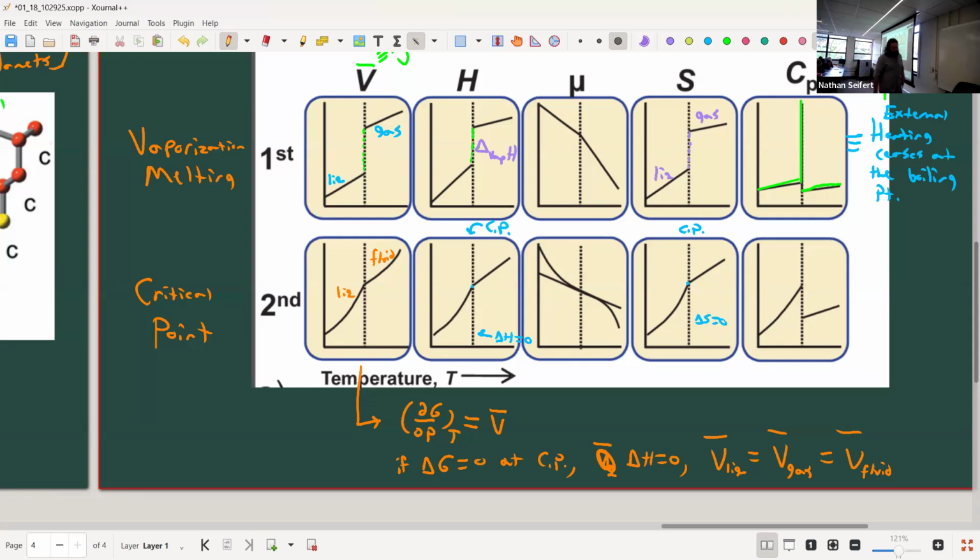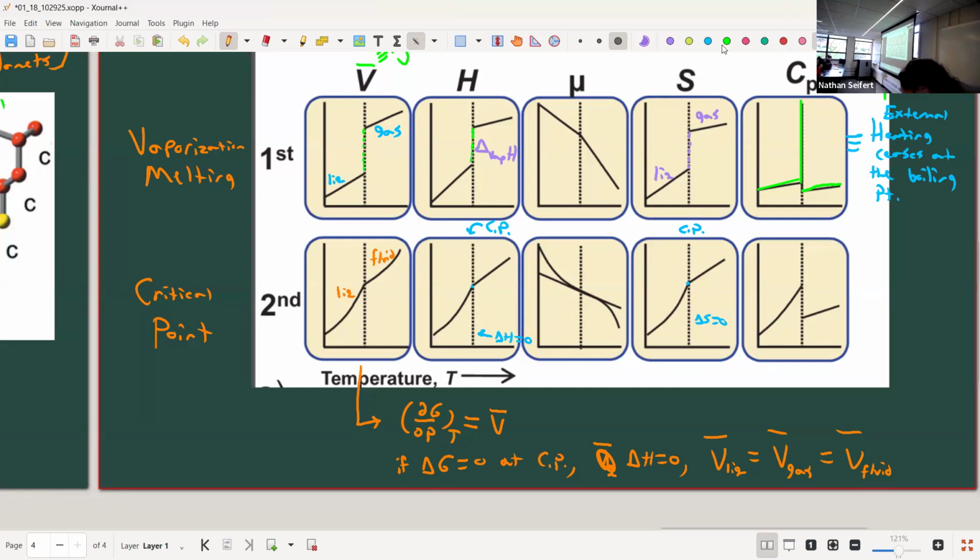Let me draw it on the side of the board. Actually, let me finish up this argument. So the last thing we have to look at, all right, so these all make sense, right? Everything converges at that point, so that all the curves should meet at the critical point, or the phase transition. But this one's a little different, the heat capacity. Right, and you can see that the heat capacity is discontinuous there.